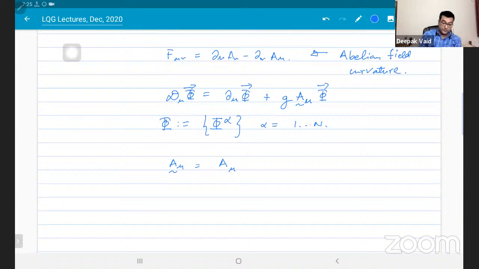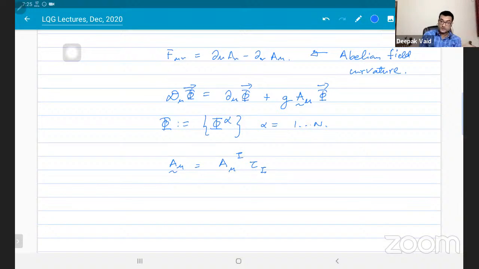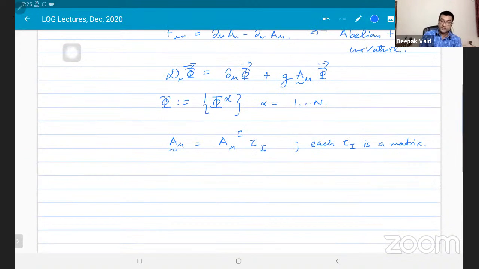A mu is some linear combination of my Lie algebra generators tau i. But you have to remember that each tau i is a matrix, right? It's the Lie algebra generator. And what will be the dimensions of this matrix?